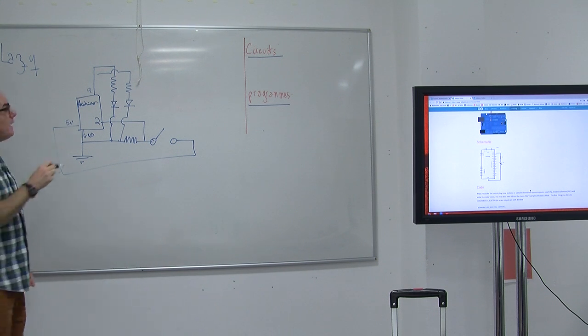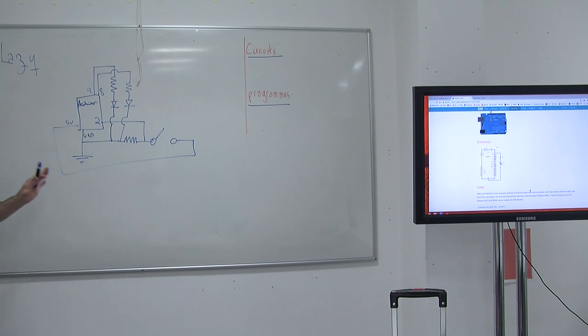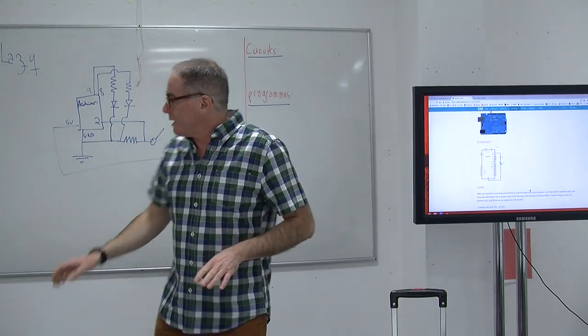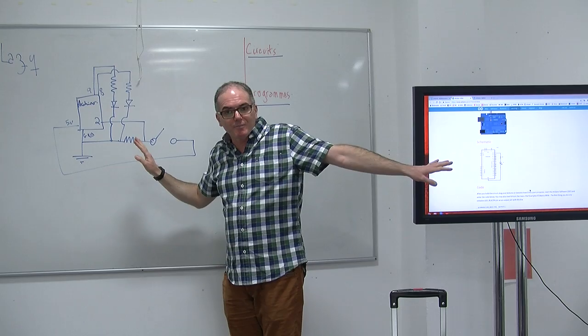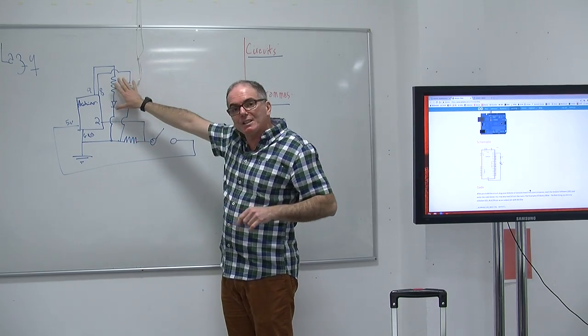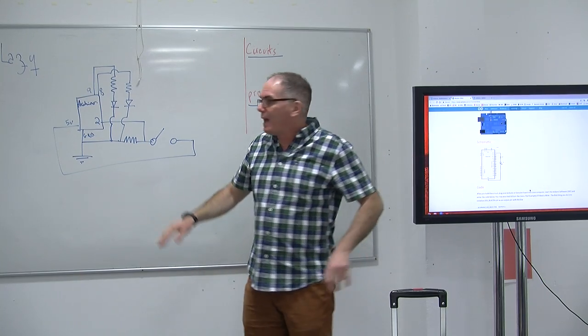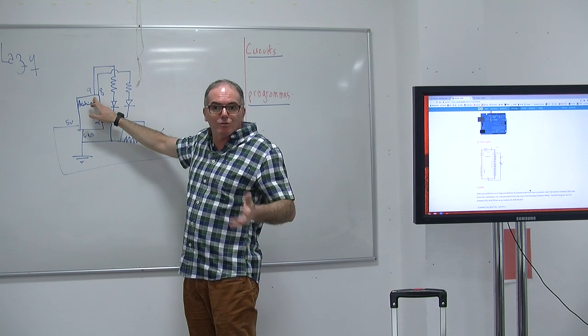Pin 8. 8, okay. Now, what have we done here? We've done this. We put the circuit for the button. We haven't changed anything. Then we added the circuit for the LED as shown on this schematic. And we just changed the pin where it's going to, because we don't like pin 13.